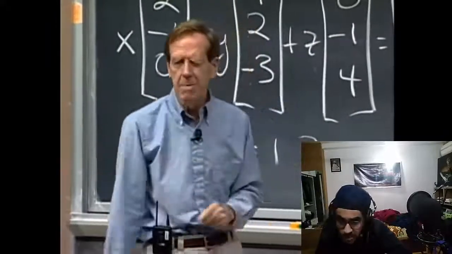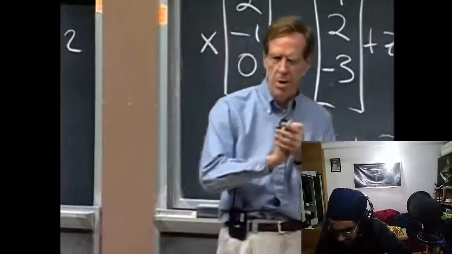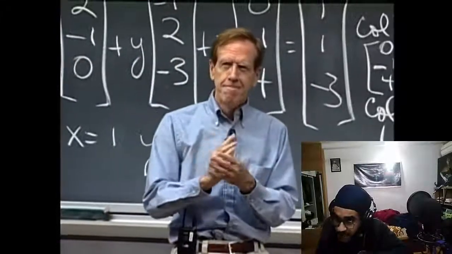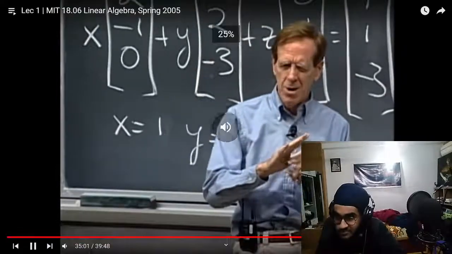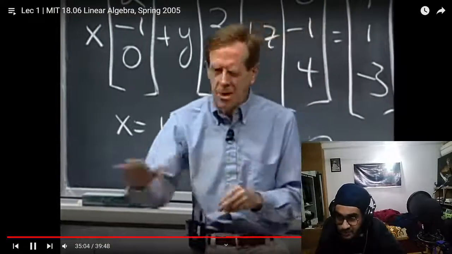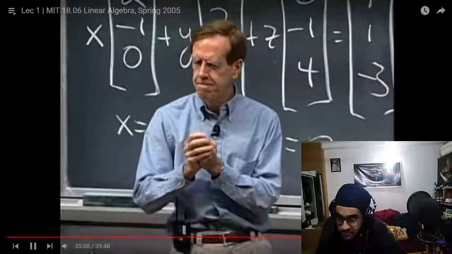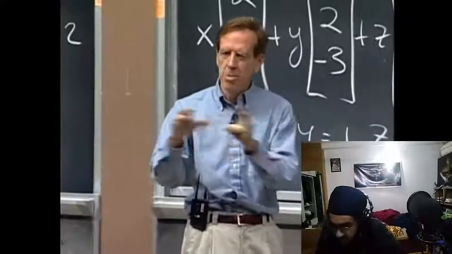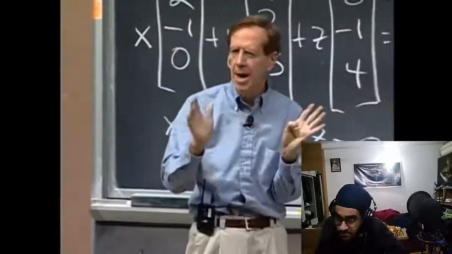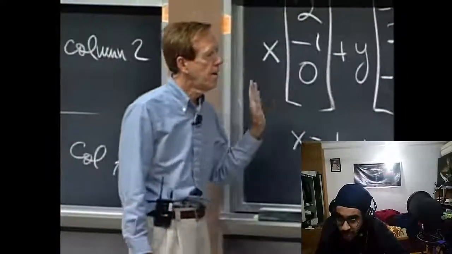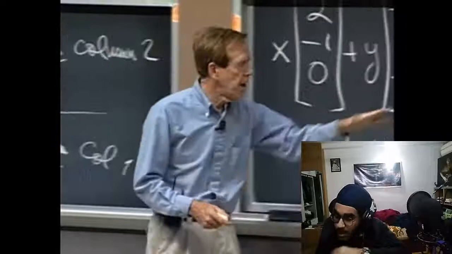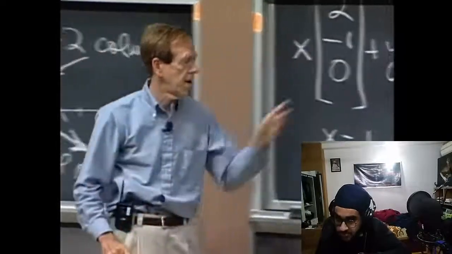But if the 9th column happened to be the same as the 8th column and gave nothing new, then what it would fill out would be, I hesitate even to say this, a sort of plane, an 8-dimensional plane inside 9-dimensional space. And it's those 8-dimensional planes inside 9-dimensional space that we have to work with eventually. For now, let's stay with the nice case where the matrices work. We can get every right-hand side B, and here we see how to do it with columns.